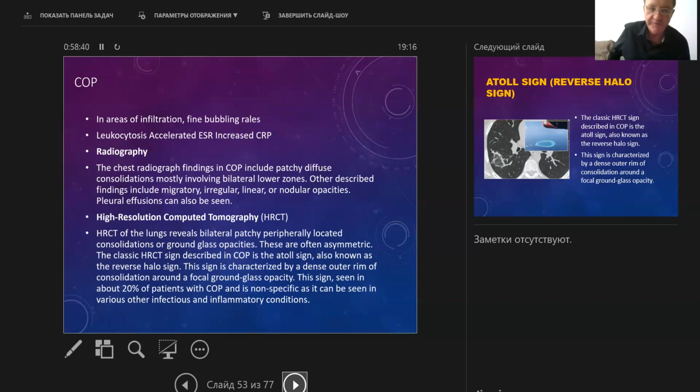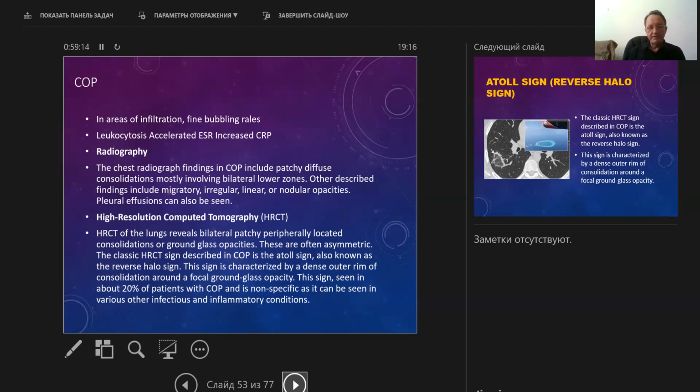In the areas of infiltration, during auscultation, you can find bubbling rales, and in the complete blood count, you can find leukocytosis, accelerated erythrocyte sedimentation rate, and increased C-reactive protein in the range from 20 to 40 mg per liter.